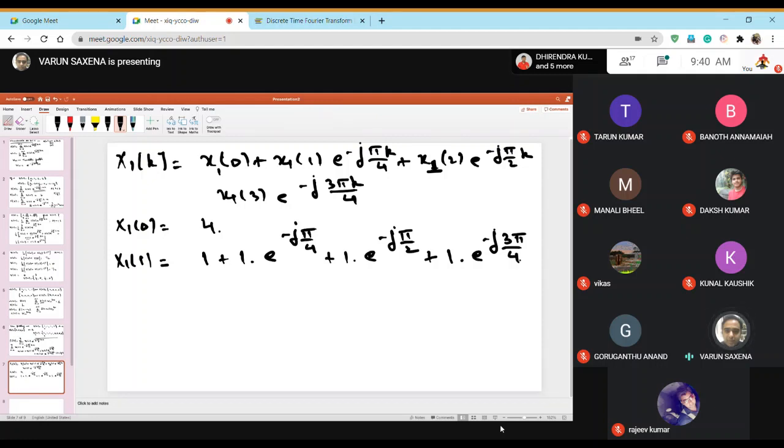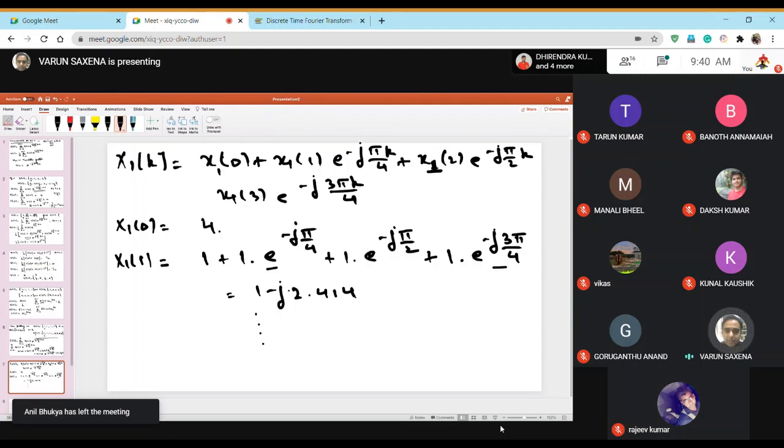Okay, so this is how you proceed, and if you solve this, you will get the values. There's another thing I want to say: whatever this is, the other one is not the complex conjugate, it will be just the reflection of this along the y-axis basically. So this value comes out to be 1 minus j 2.414 or something, and so on. Then you will evaluate all other values.